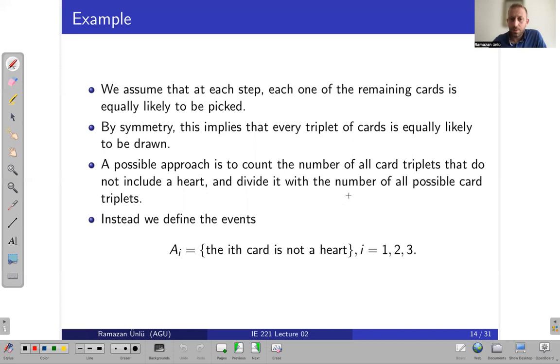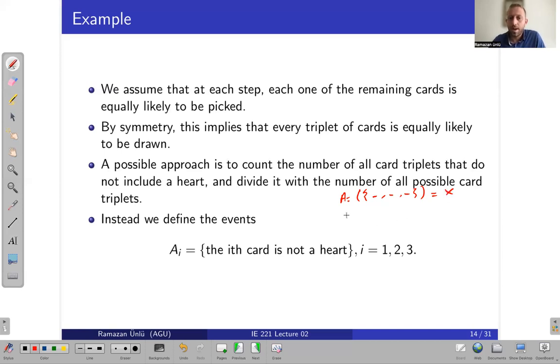I mean we can simply create an event, let's say A, that will include 3 cards. Let's say, for example, I'm not sure, but there's X number of card triples that can be created.